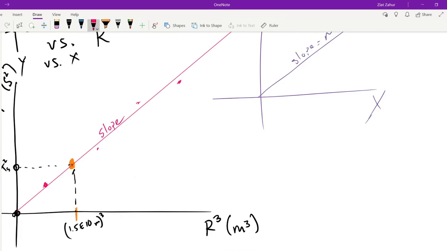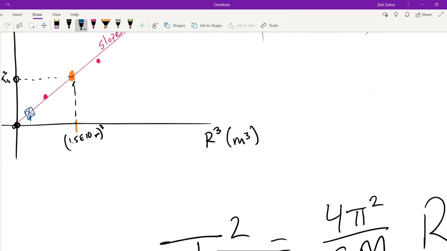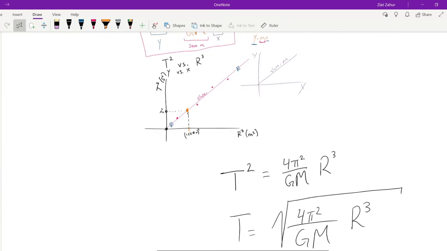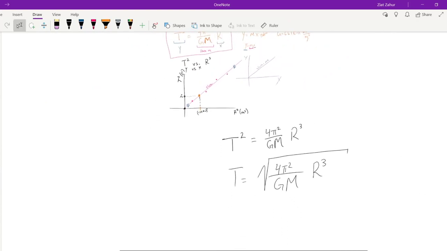These pink points that you see are the actual data points. You want to use new points. So let's say this one here and this one here. These 2 points kind of encompass the entire data set. So this will be 0.1, this would be 0.2. Then use the slope formula to find the slope. And once you find the slope, you can solve for t that way as well.